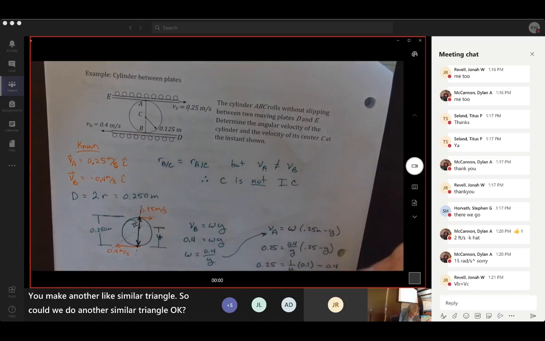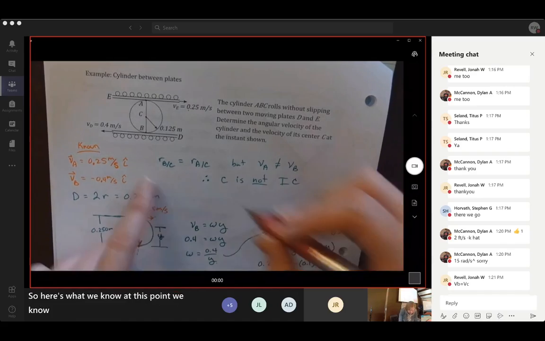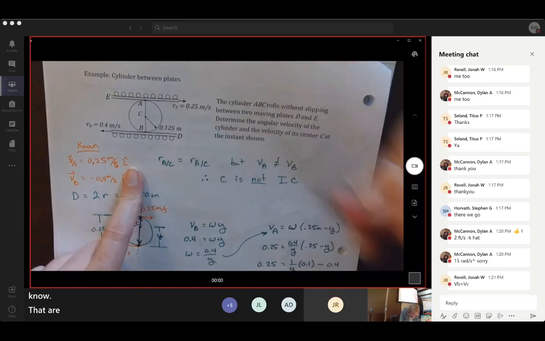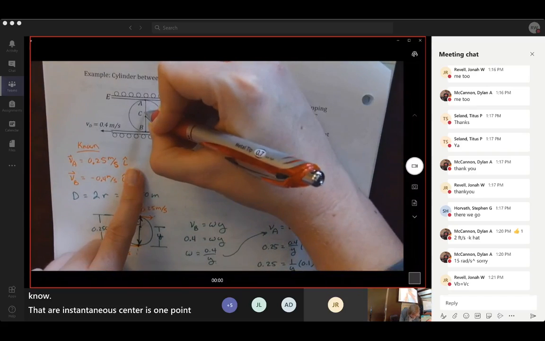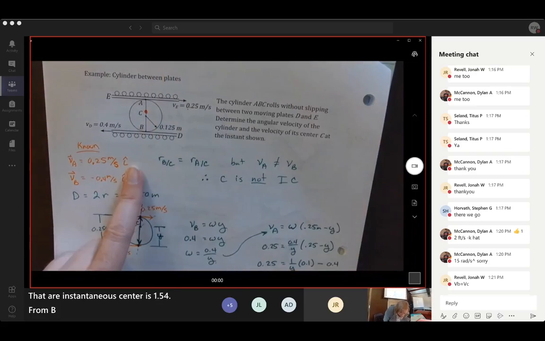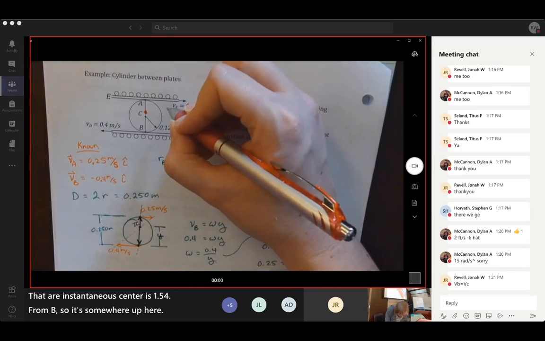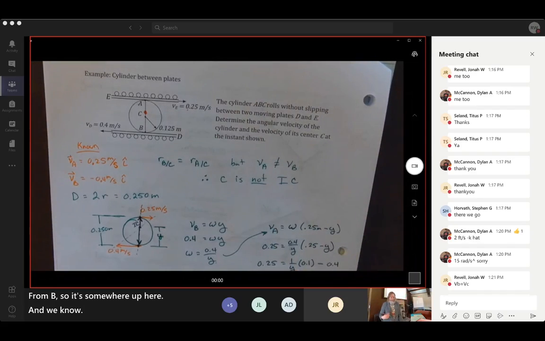So here's what we know at this point. We know that our instantaneous center is 1.54 from B, so it's somewhere up here. And we know what our angular velocity is.